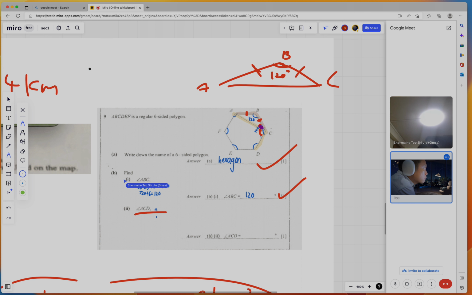What's the small one? So that means what is this one? Isosceles. What's the purple one? 60? The purple one is 60? Wait. 30. 30, correct. So if the purple one is 30, and this whole thing is 120, the red one is 120 minus 30, so it's 90. So that's how you get 90 for ACD. Does it make sense now? Yeah, that's how you get it.